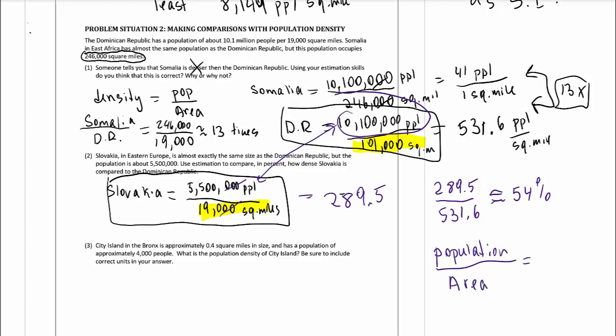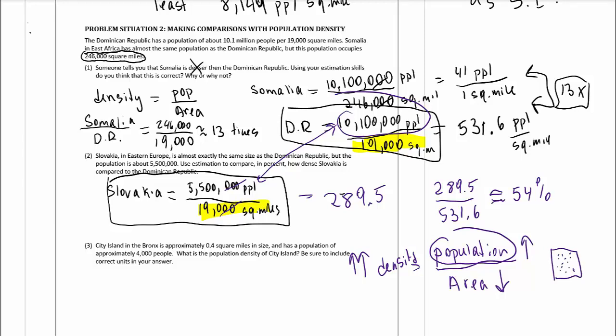This is the definition of density, right? The bigger this, the amount of people, so the larger the population, the larger the density. The smaller the area, the larger the density. So that's the idea. If you have a space and it's very crowded, that means you have a lot of people and a small space.